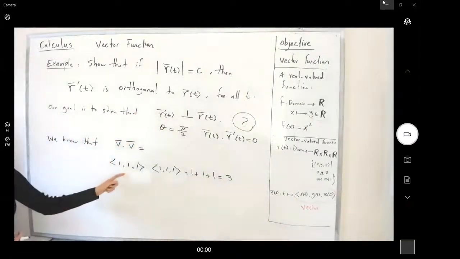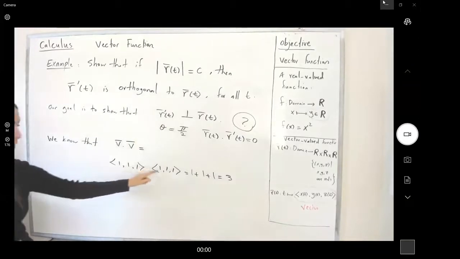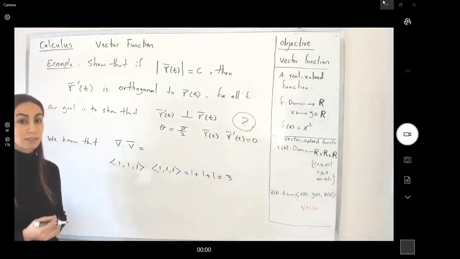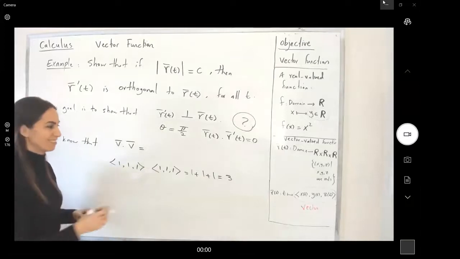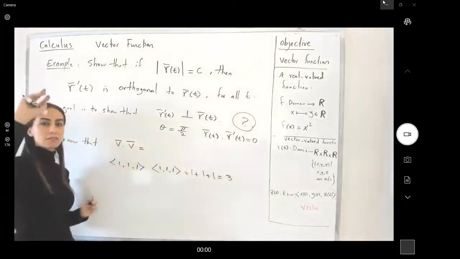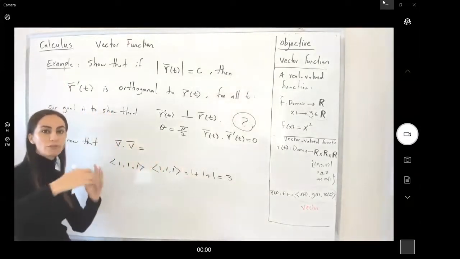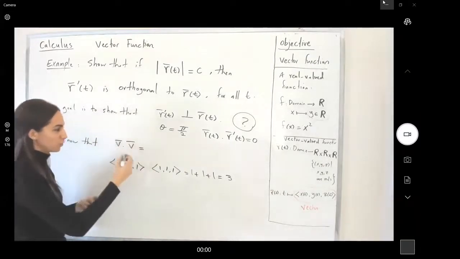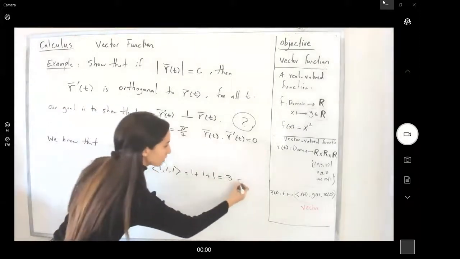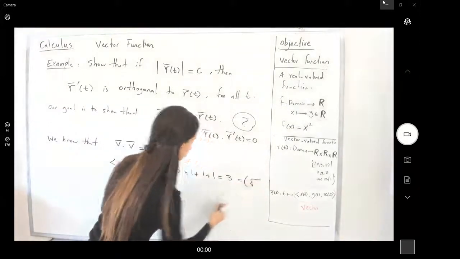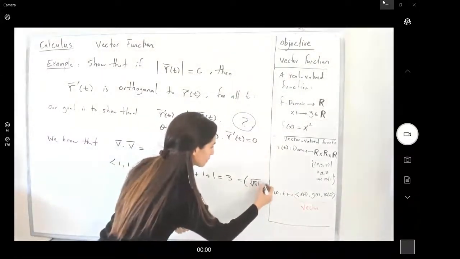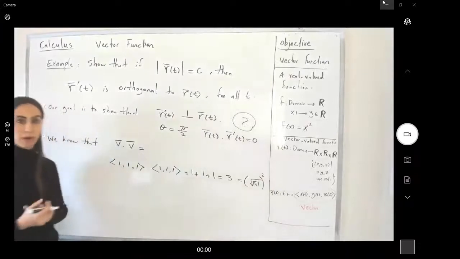So when you're thinking about this, it means that you are taking the elements of v, multiplying them together, and then you find the square root of that vector. So you can write it this way: this is the magnitude of this vector v, raised to the second power.